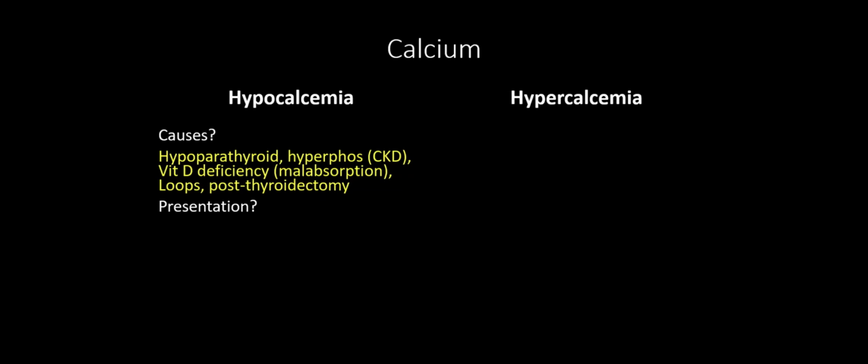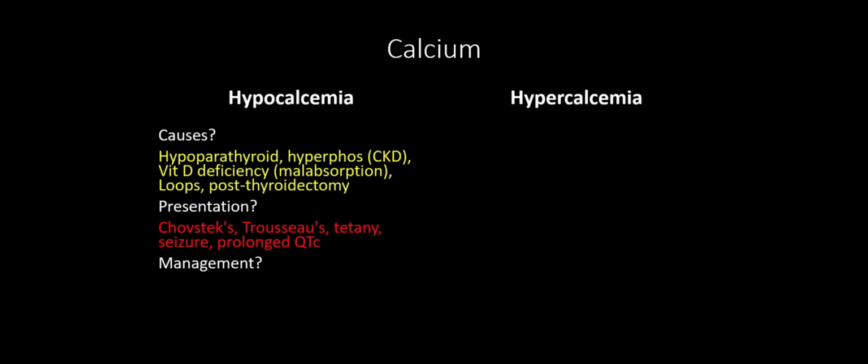Perfect. Yeah. So Trousseau's sign, they'll call it carpopedal spasm. Chvostek's sign is if you tap on the facial nerve. But in general, tetany, you can get hypocalcemic seizures. A prolonged QTc is characteristic of hypocalcemia if they asked you for an EKG finding.